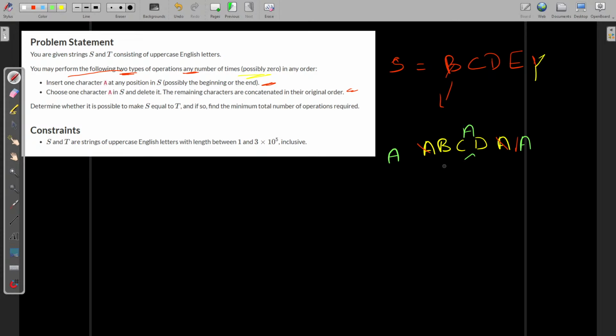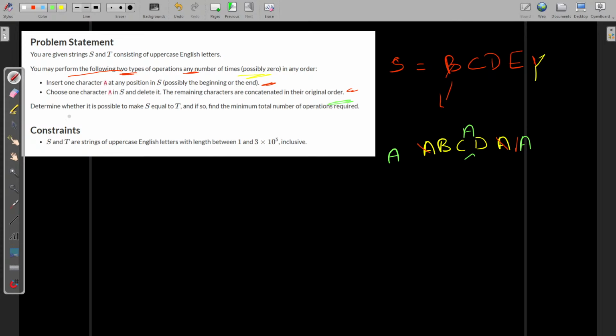And similarly, you can delete the character A from anywhere. It's not a mandatory operation, but you can do it as many times as you want. So that is the part of the question till over here.